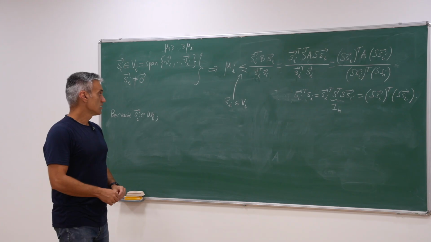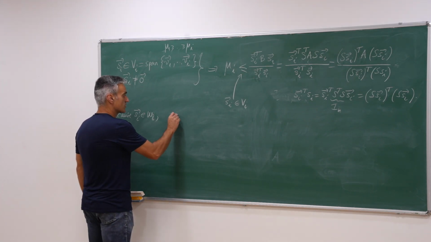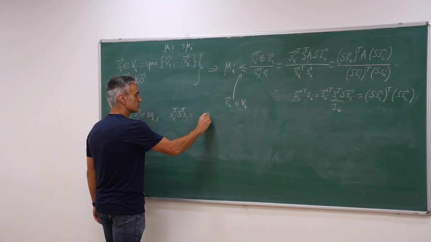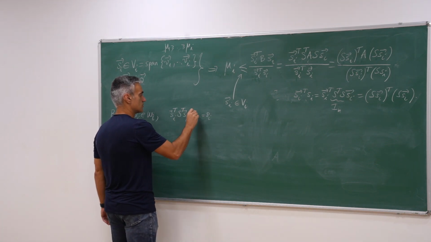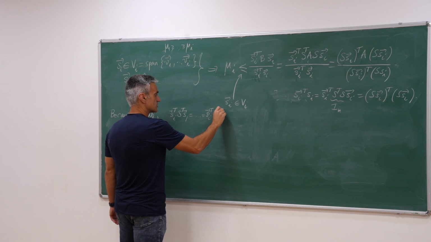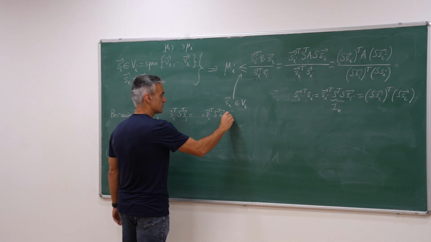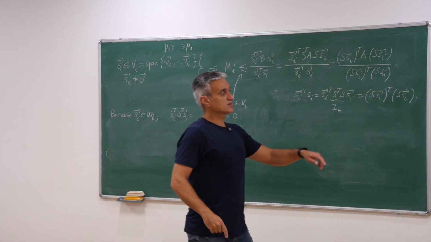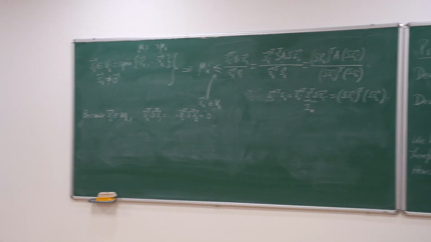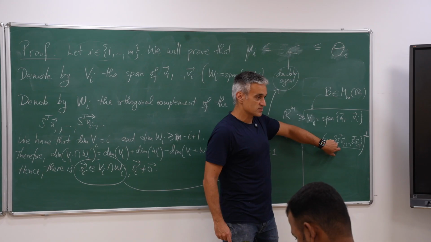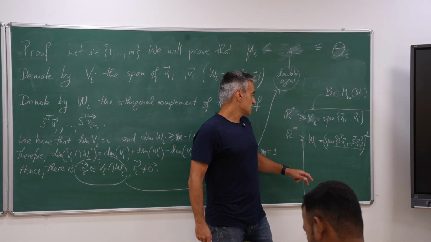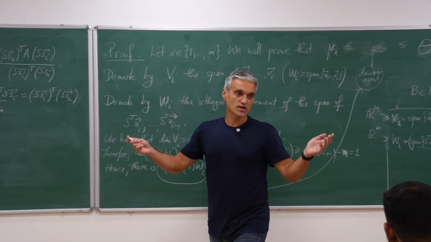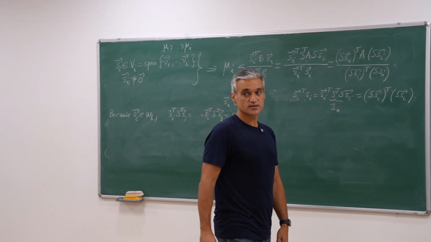So it means that Si transpose S transpose S1 equals all the way to Si transpose S transpose S(i-1) equals 0. Because Wi is the span of these i minus 1 vectors, and Si is in here, it has to be perpendicular on all of them. And again, it's real and symmetric, so I can just write the inner product like that.